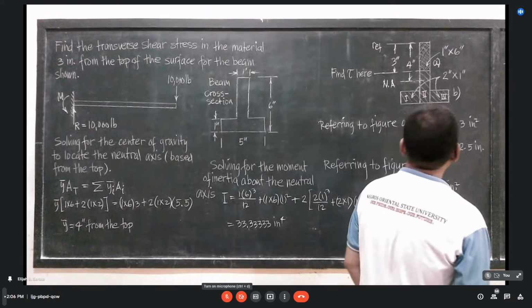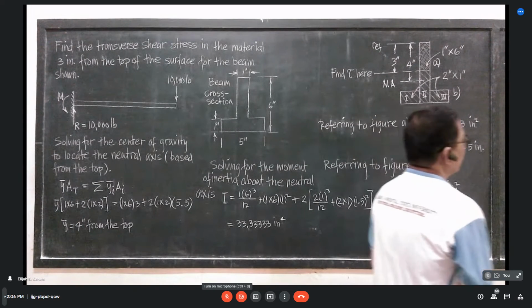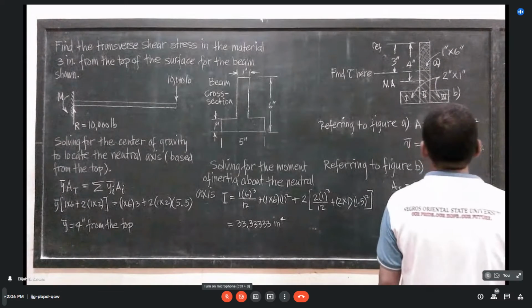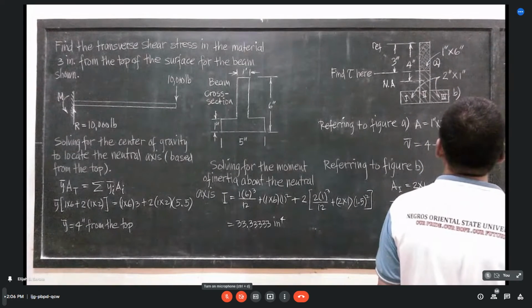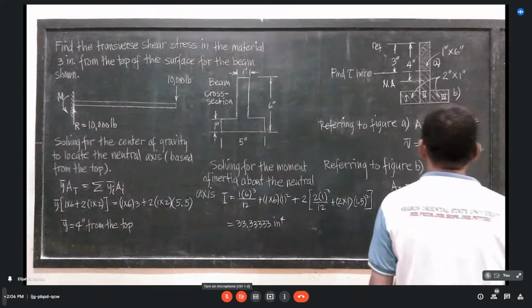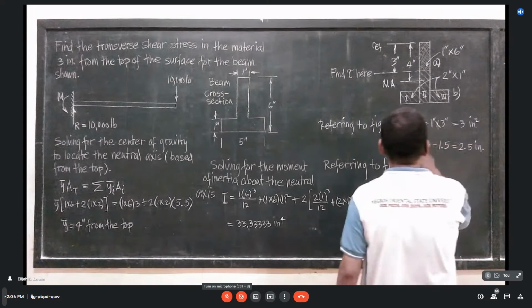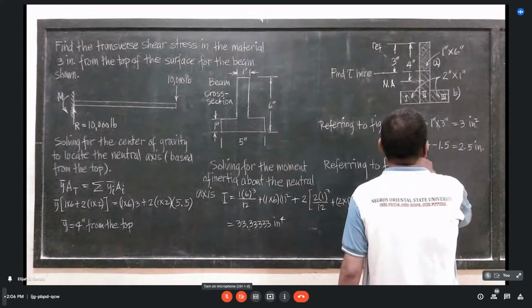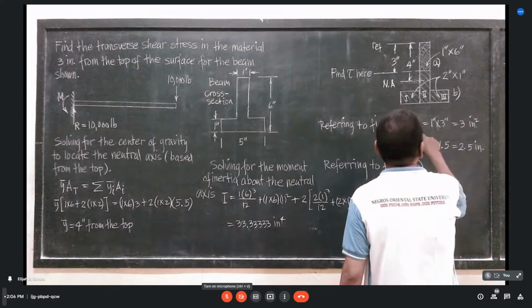Now, your V bar, unsa itong definition sa V bar? Distance from neutral axis to centroid of the area. So, V bar is the distance from the neutral axis to the centroid of this.